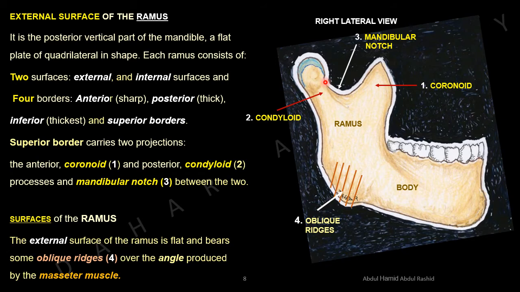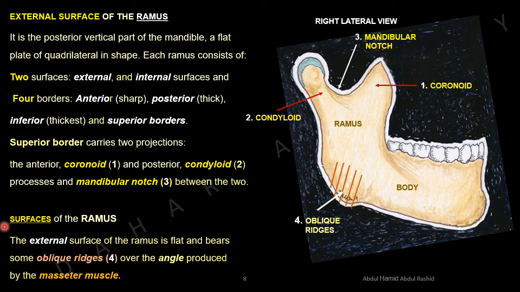The superior border consists of two upward projections. The anterior one is called the coronoid process, number one, and the posterior projection is the condyloid process, number two. Between the two processes is a semilunar shaped notch called the mandibular notch.